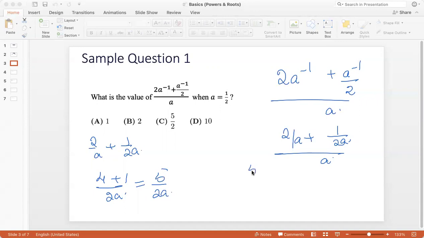So this is 5 by 2a. So I have 5 by 2a whole divided by a, which is 5 by 2a squared, right? So 5 by 2a squared is my expression. And now I can substitute a for 1 by 2. So let's do that.